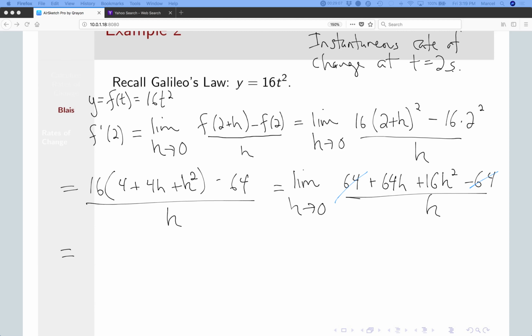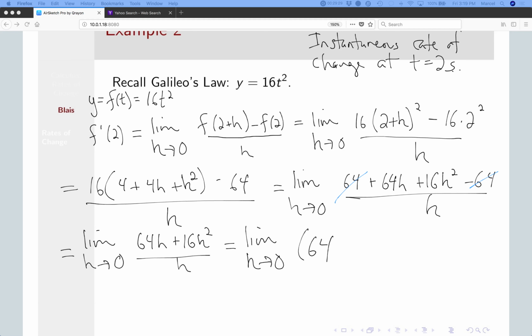And then because of that, this simplifies where we now actually will be able to cancel an h term, 64h plus 16h squared over h. Canceling an h term gives the limit as h goes to 0 of, for this first term we get 64, and for the second term we get 16h.